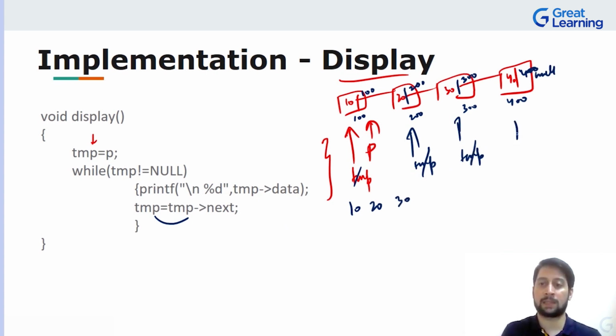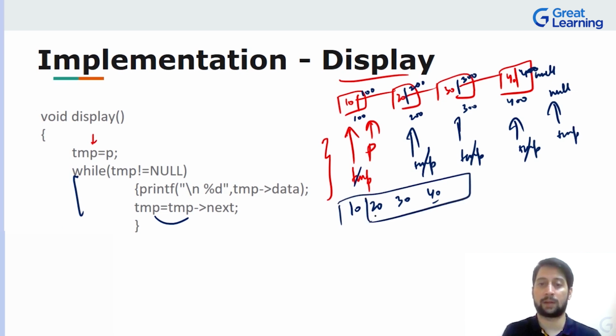Now put temp equal to temp's next, that is 400. Is temp null? No, it is 400. So we print the data, then move ahead and set temp to temp's next, which is null. Then we check: is temp null? Yes, it is. We get out of the loop and we have all the elements printed.